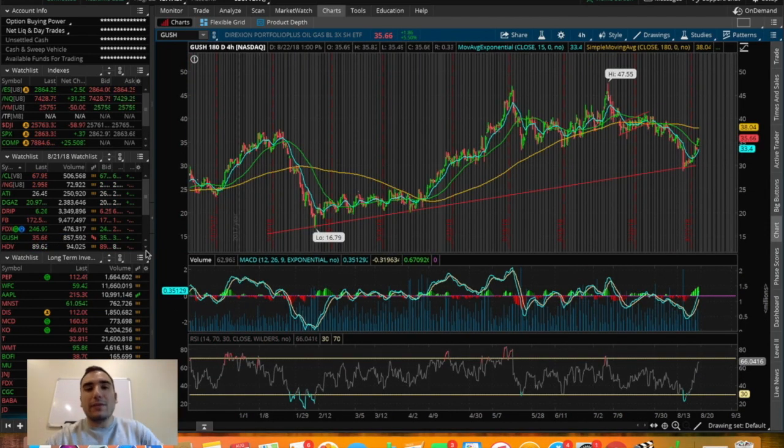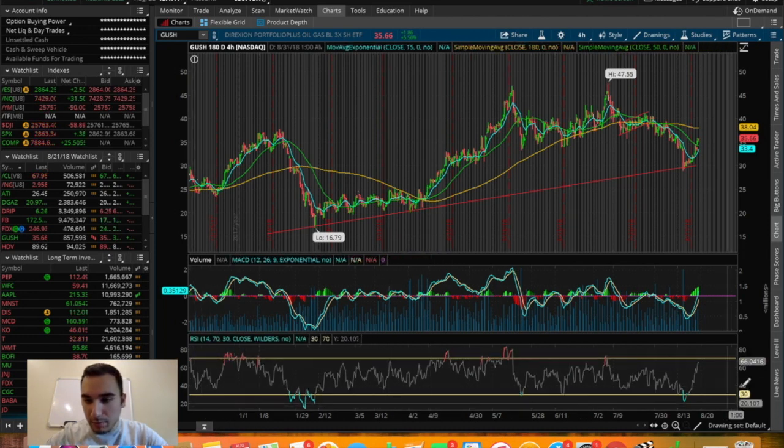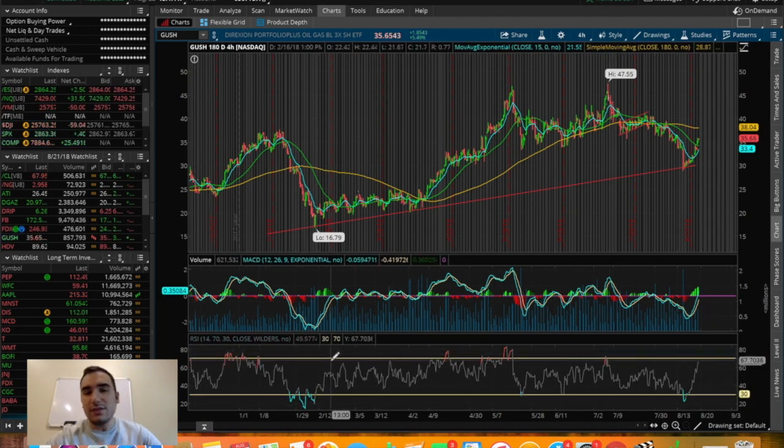So now let's talk about the RSI level, which stands for the Relative Strength Index. And that's this indicator that we see here, right down below. This is used to tell us whether a stock or an ETF is overbought or oversold.